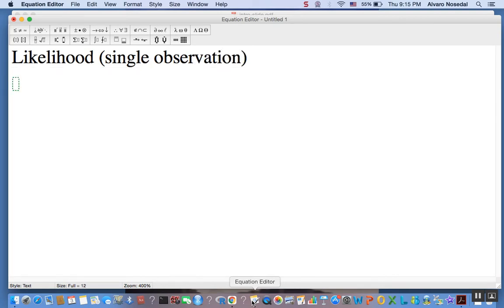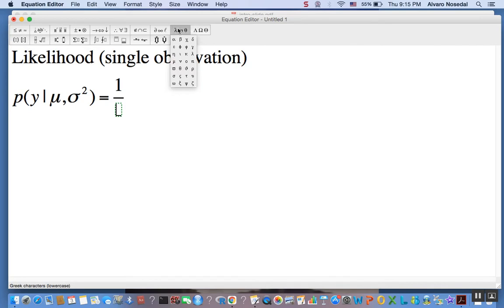So we know that the PDF, the probability density function of a normal, is going to look something like this. Given that we have the parameters mu and sigma squared, the mean and the variance respectively, the PDF looks something like this. We have a normalizing constant that is given by 1 over sigma times the square root of 2 pi.